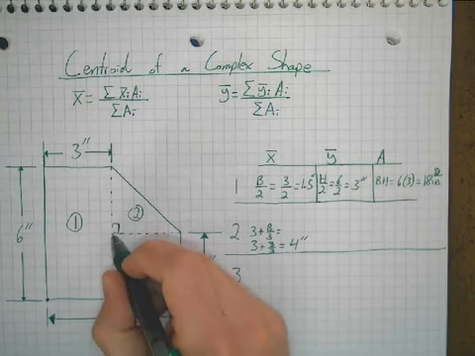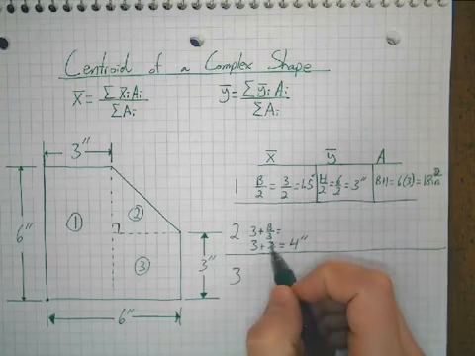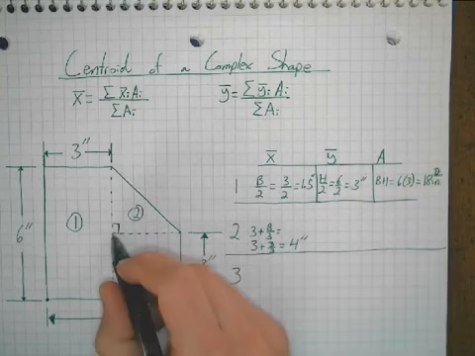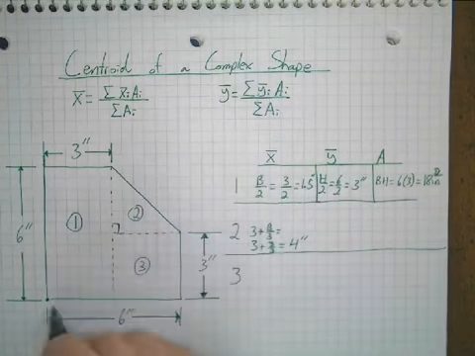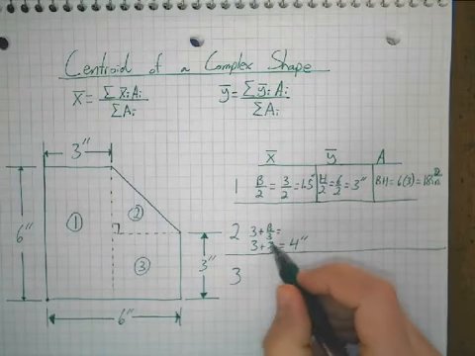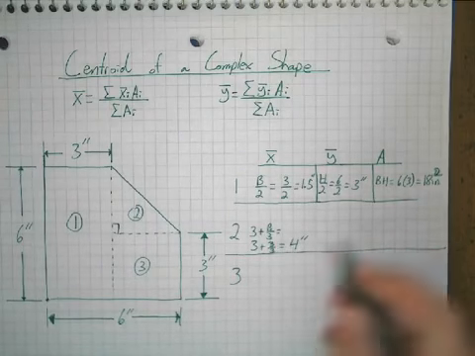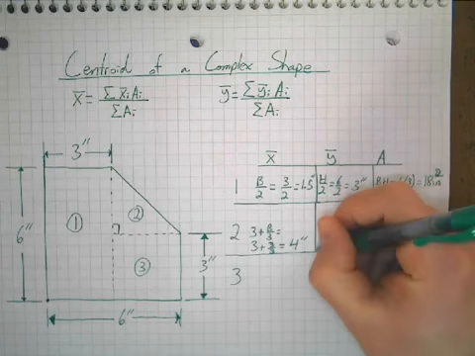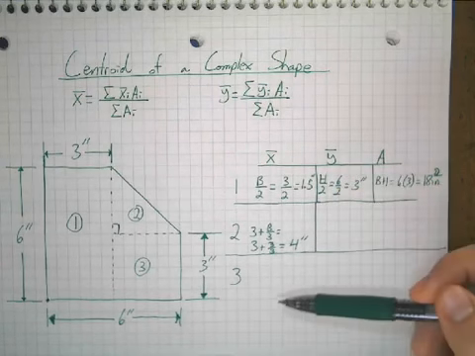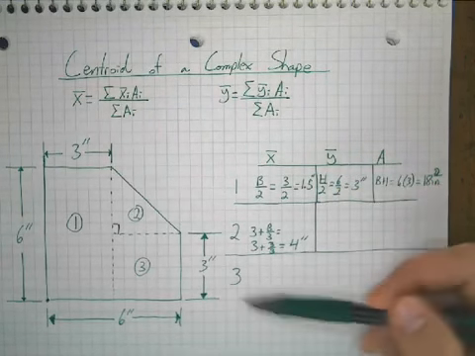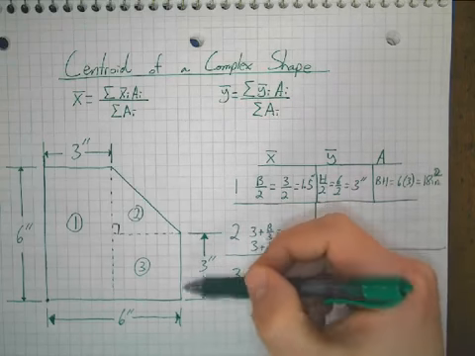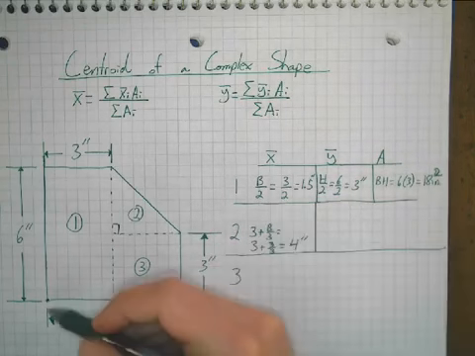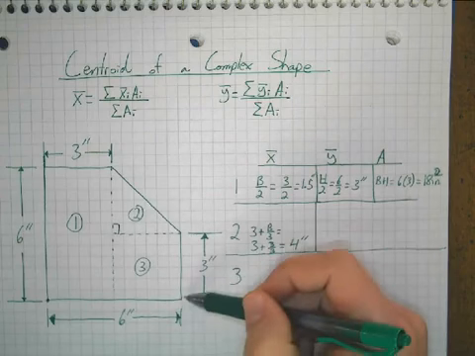So I'm starting at point 3, so I have to add my centroid location to where I'm actually located in reference to my 0 point. So 3 plus my centroid calculation of 3 over 3 is 4. For my centroid location of the height of this, again, I'm up from the bottom. My 0 point's on the bottom here. I start up 3.